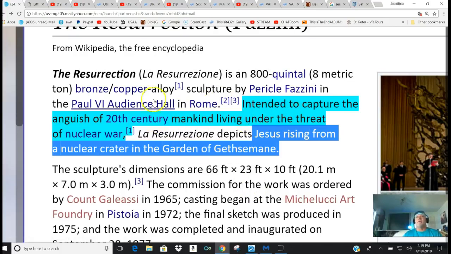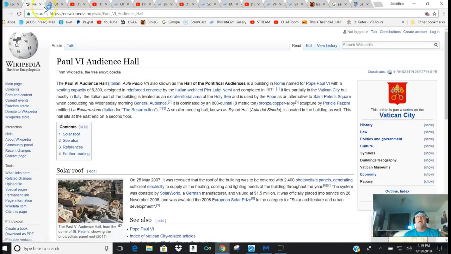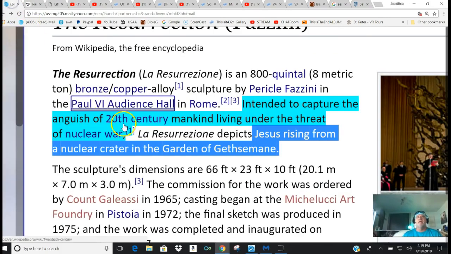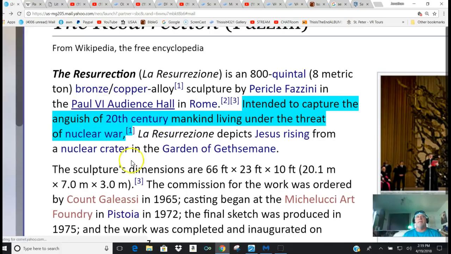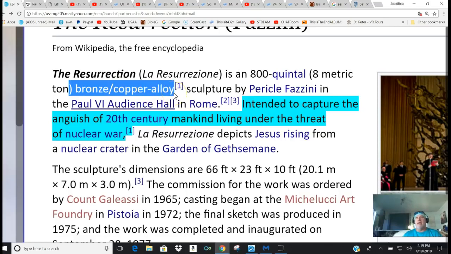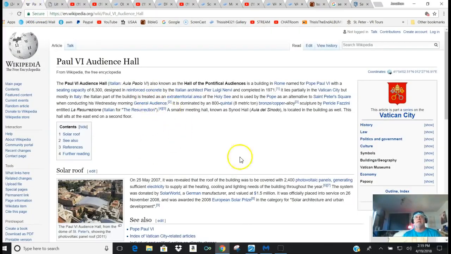And let's look at what it's made out of. It's made out of a bronze copper alloy, okay? And I think that's going to be very important in just a moment. So watch this. Let me show you what that has to do with it.